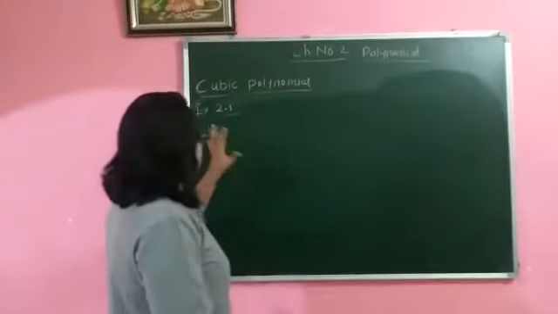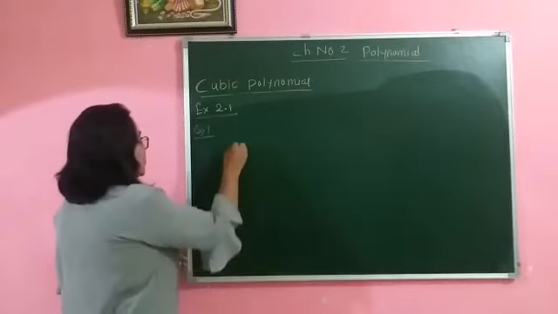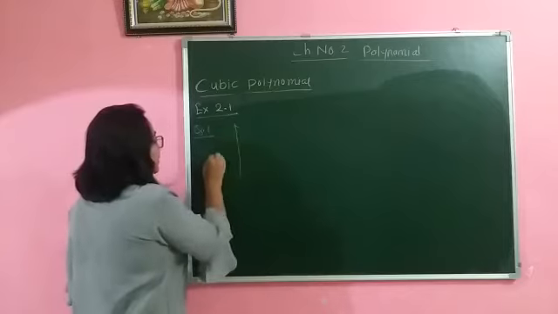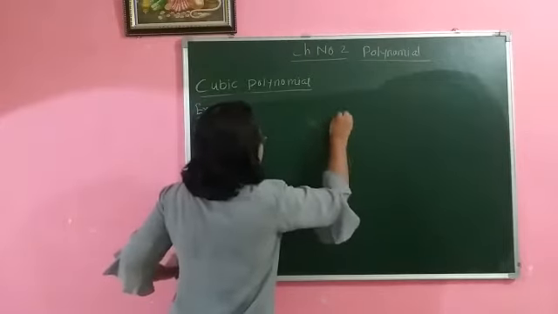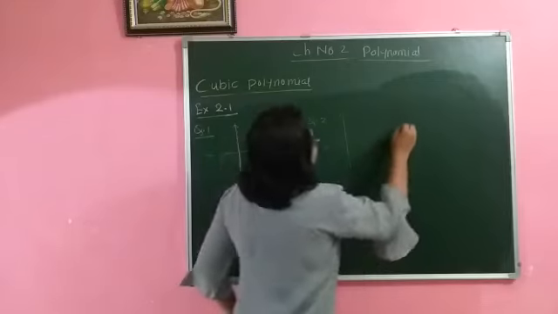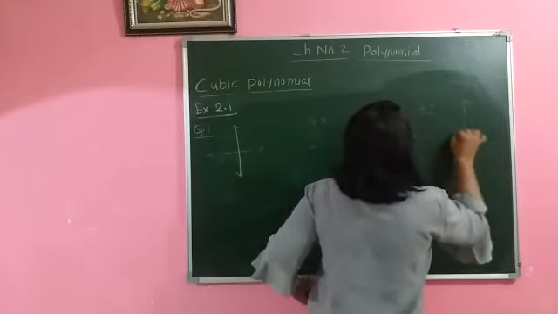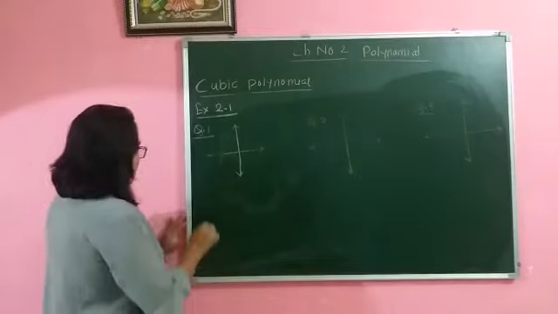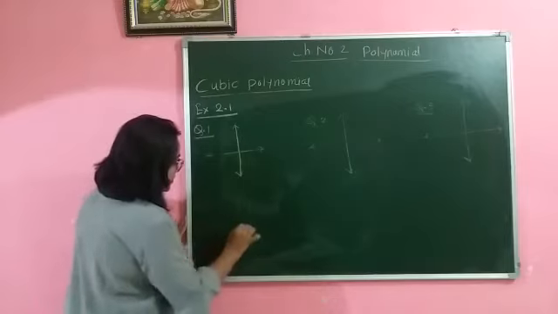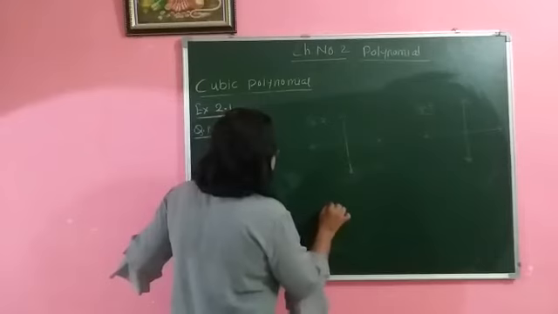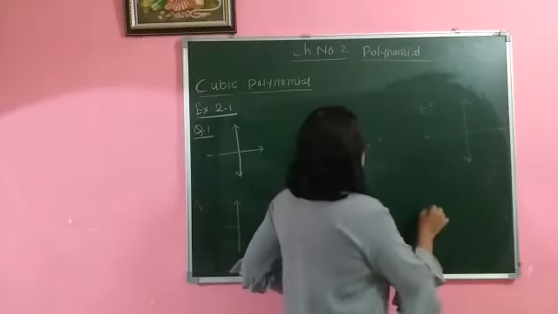In this question you have to see the graph and decide how many zeros are possible there. So question number 1, 2, 3, 4, 5 and 6.